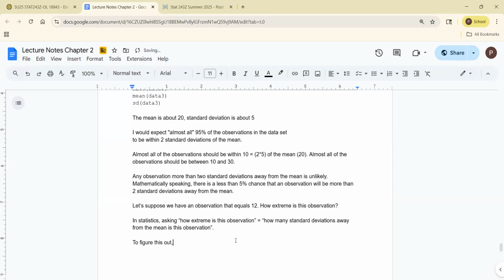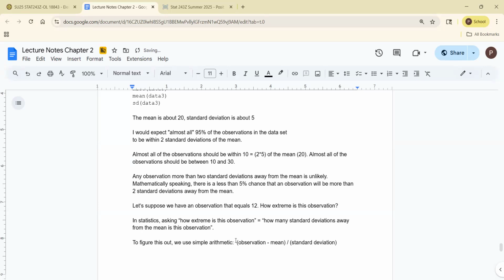To figure this out, we use simple arithmetic. We take our observation, we subtract the mean, and we divide by the standard deviation.